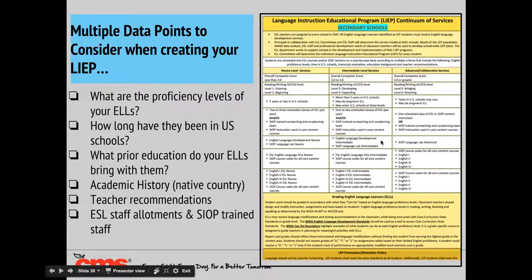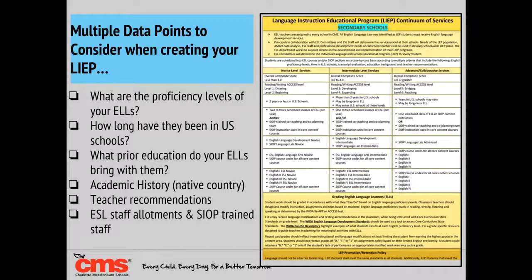So here is the Language Instruction Education Program Continuum of Services. This gives you basically a starting place to use in deciding what courses your ELL students need to take.